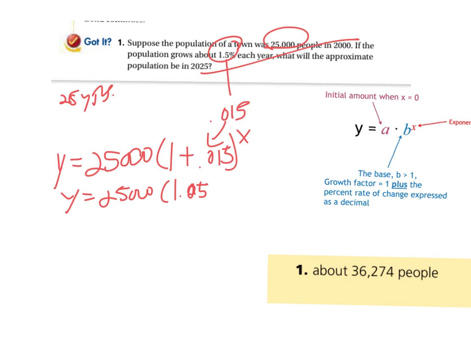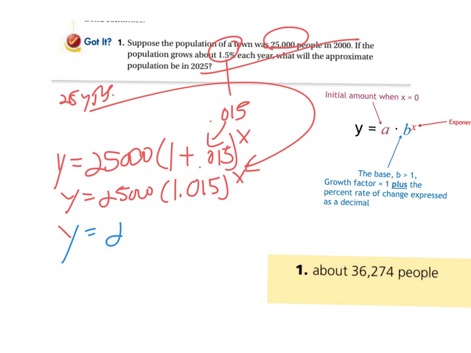There's a 1 in there, I promise, hang on. Right there, 1.015, all that to the x power. In this case, our x is going to be 25. So Y equals 25,000 times 1.015 to the 25th power, because it's 25 years.